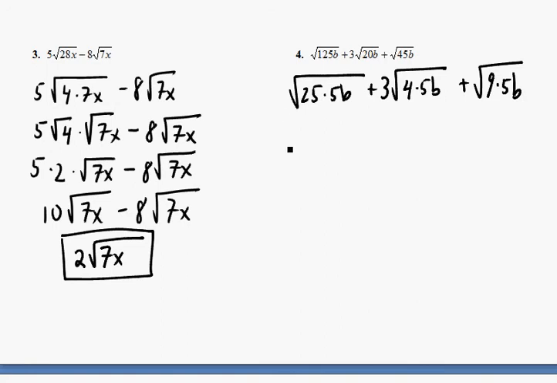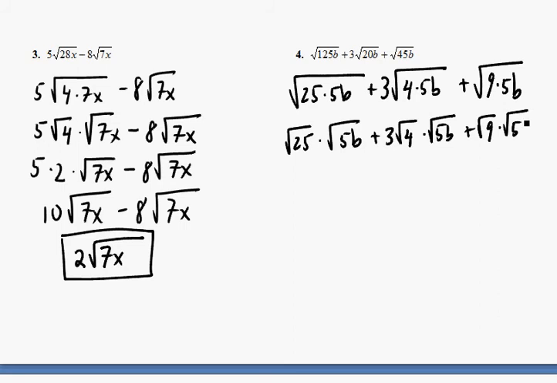So we have the square root of 25 times the square root of 5b plus 3 times the square root of 4 times the square root of 5b plus the square root of 9 times the square root of 5b.